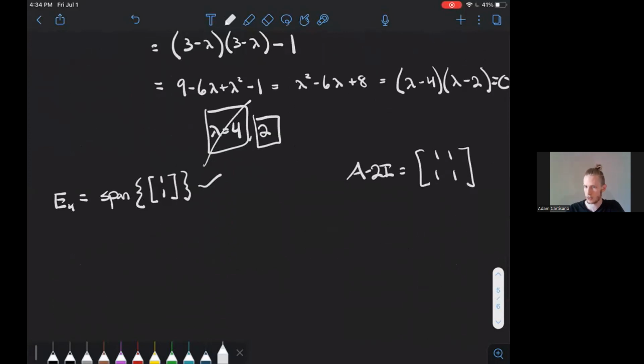When you row reduce and do the augment and stuff like that, you end up with x1 equals negative x2, where x2 is the free variable. So E2 is going to be the span of negative 1, 1.